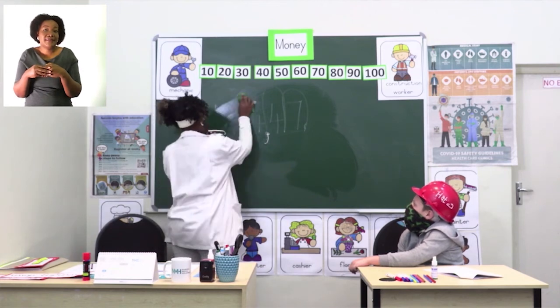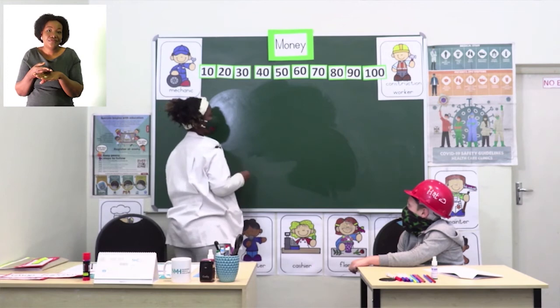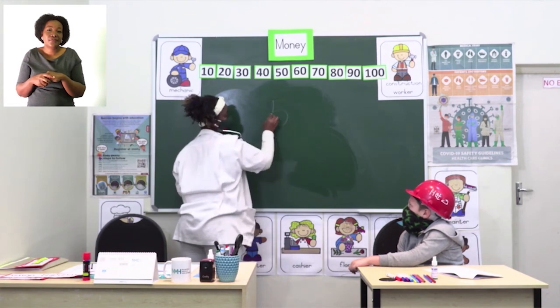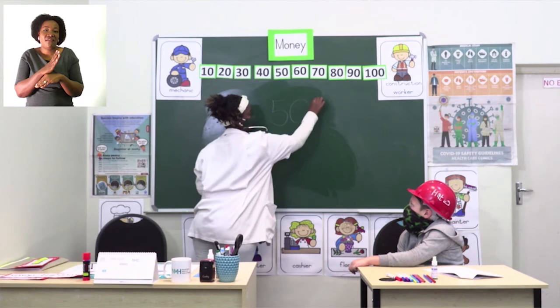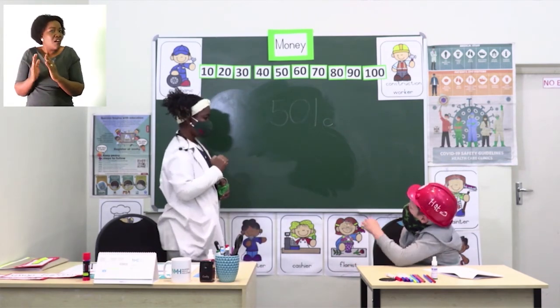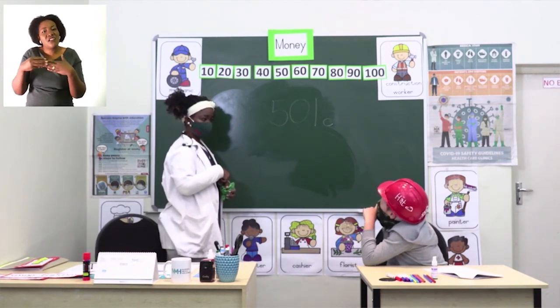Let's have another example. How about we have 501 cents. What can we do? We want to change it back to the dollars. Reverse it.